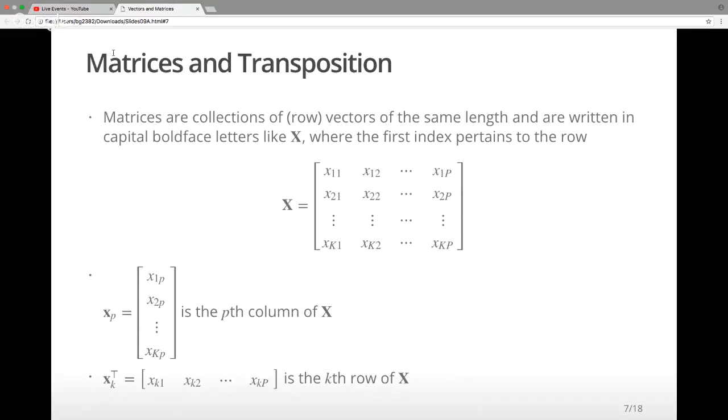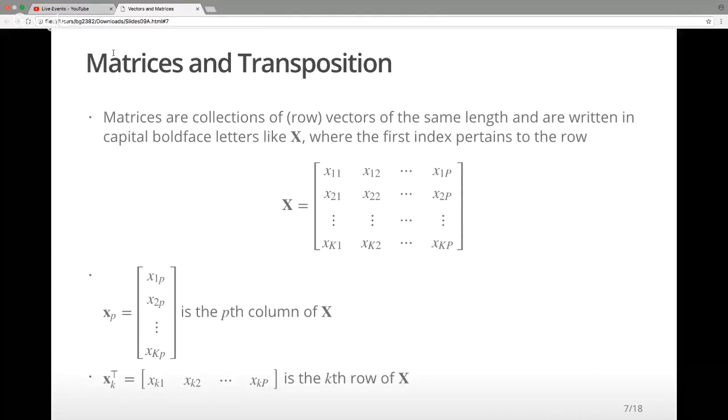So it would actually be k row vectors, or we can think of this as a collection of p column vectors. In any event, x in boldface with a subscript p indicates the pth column of the larger matrix X. If I write X transpose sub k, I'm referring to the kth row of some larger matrix X. But hopefully it will be clear from the context which I'm referring to.